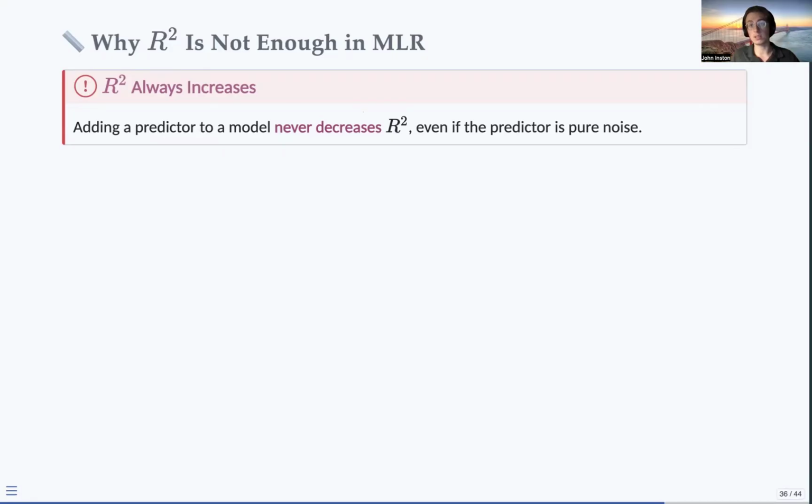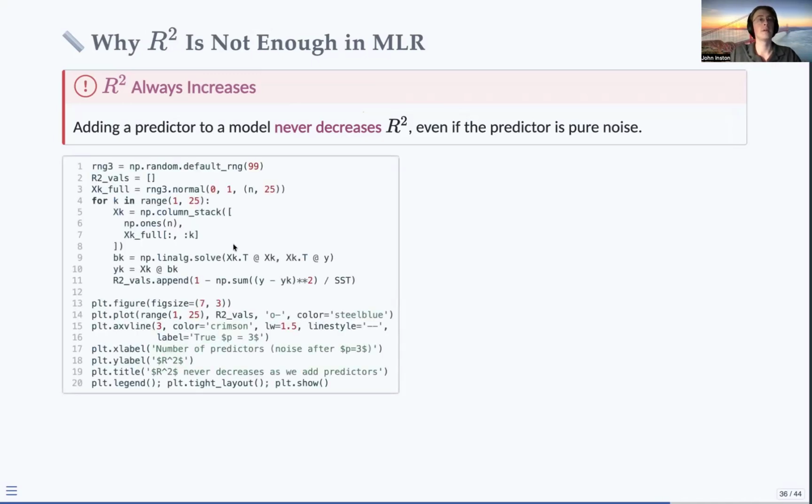And even though that sounds good on paper, the problem is that even if the predictor is pure noise and it's not describing any information for our response variable, it's still being treated with more and more power in R squared, and so R squared is always going up.